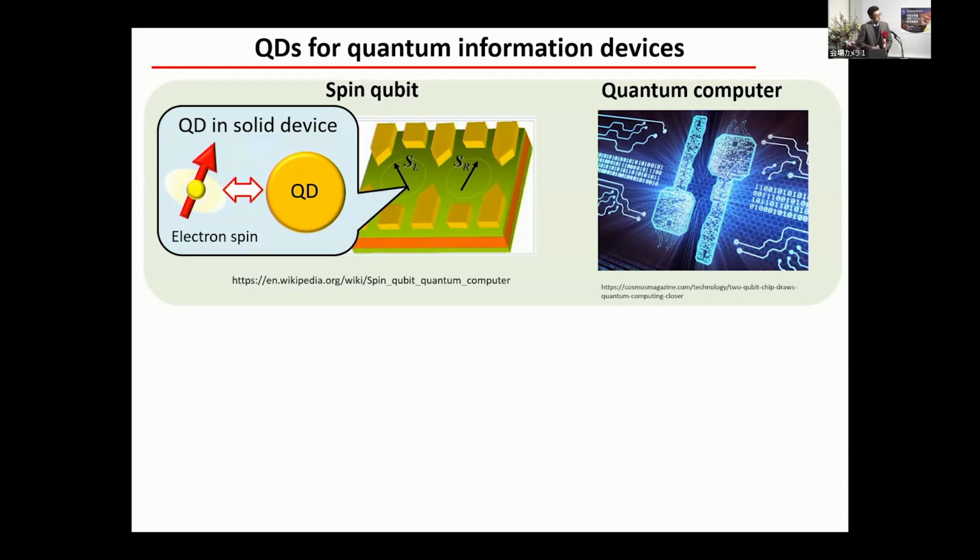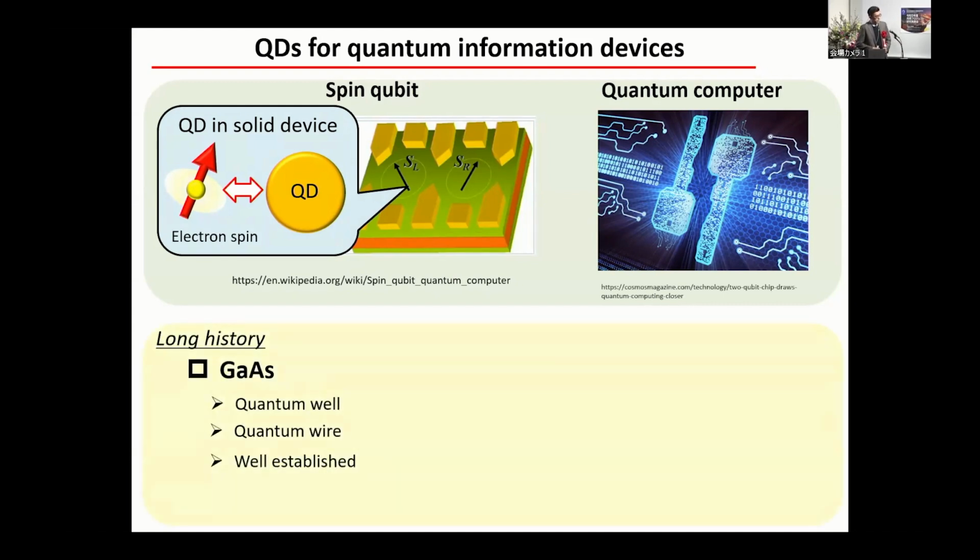And actually, this field has a lot of history, and gallium arsenide might be the very traditional and most popular one, which is well established based on quantum well or quantum wire studies.